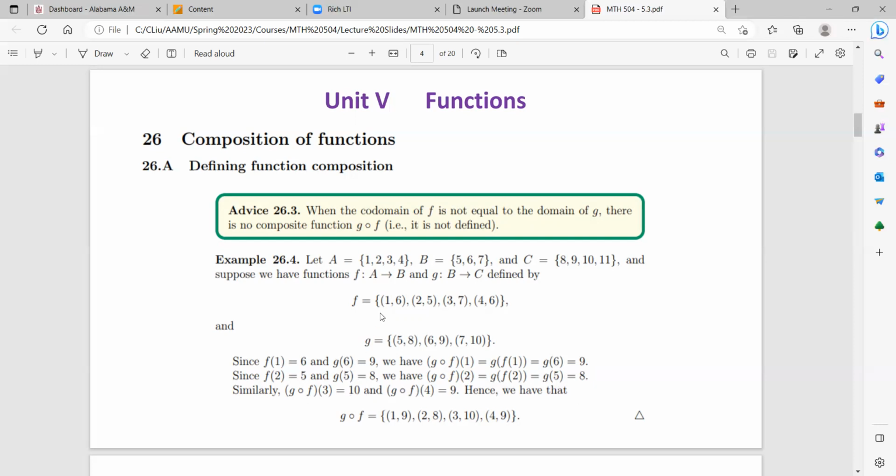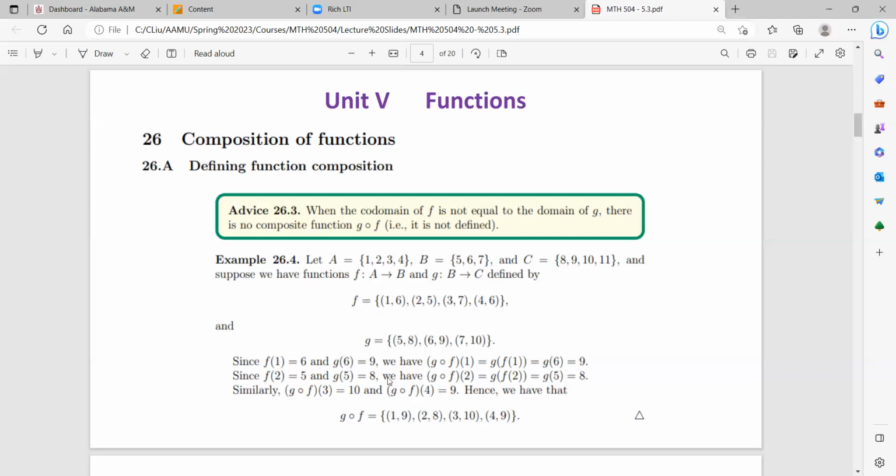So 3 maps to 7 under F, and 7 maps to 10 under G. So 3 maps to 10 under the composition GF. 4 maps to 6 under F and 6 maps to 9 under G. So G composed F at 4 is G of F of 4, which is 9.